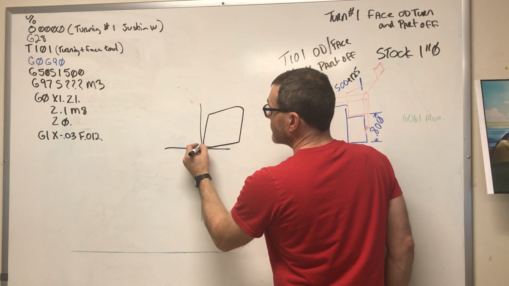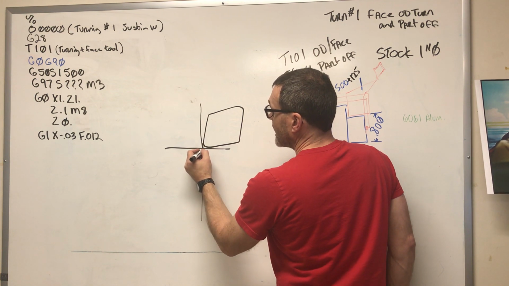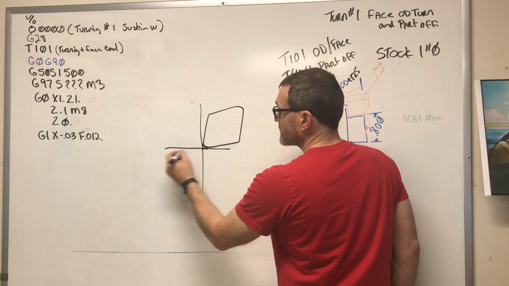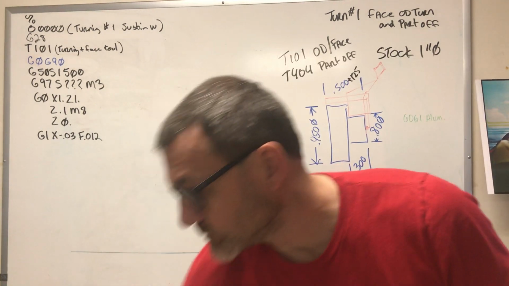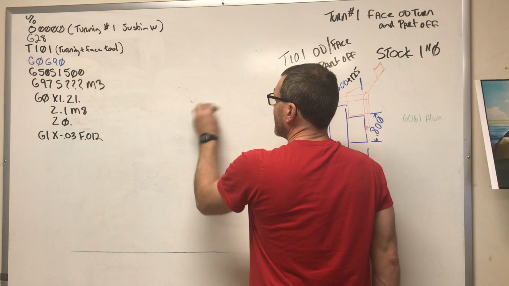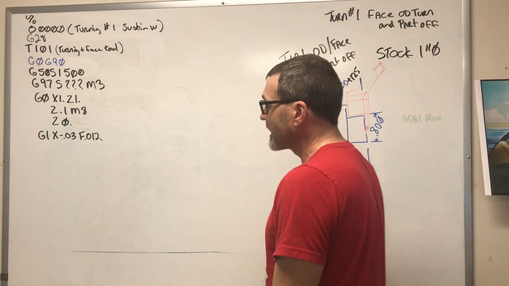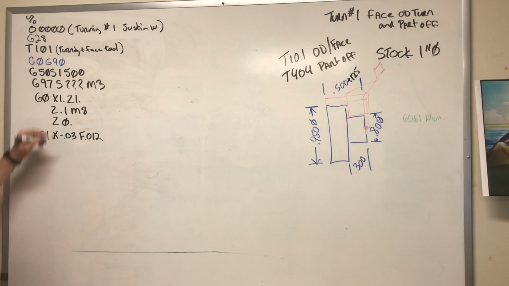If I don't go beyond this point to about here, bring this down to here, I'll be left with this small scallop after it faces my part off. So I've got to go beyond that to clear out that scallop from my part. So that's really the only reason for doing that. 30 thousandths isn't something that I calculated, it's just something that I know is normally enough to take care of me from there. So I faced it off.